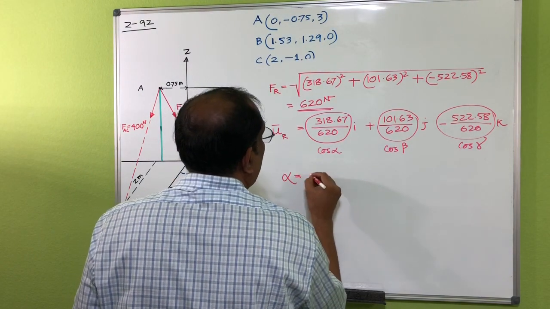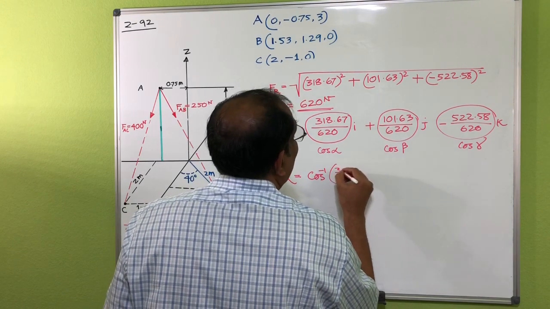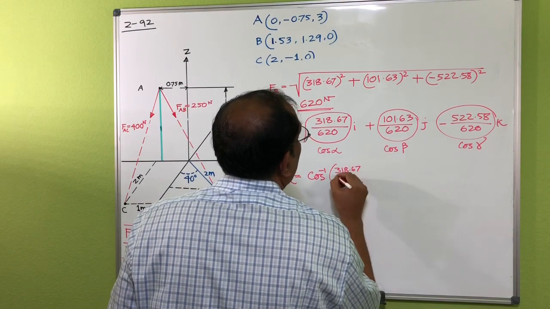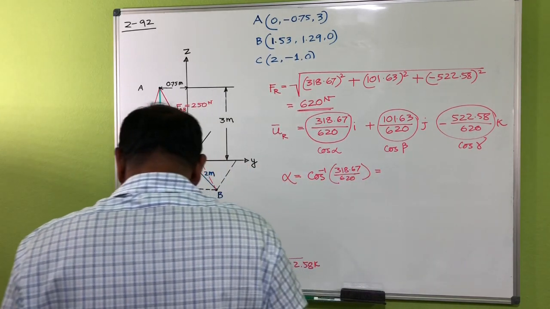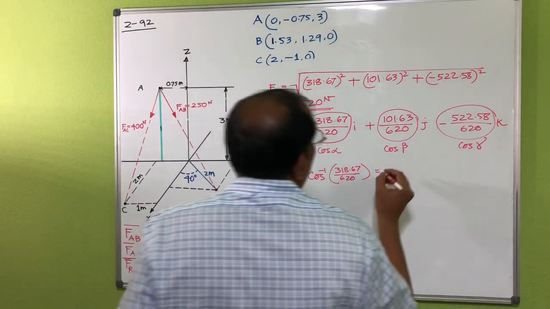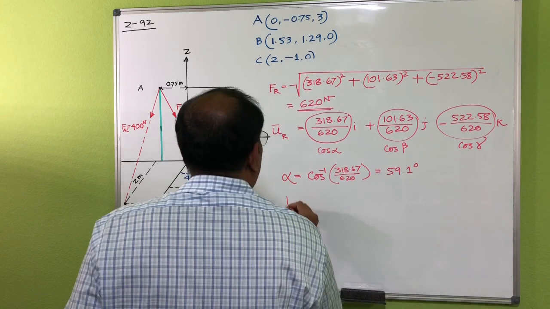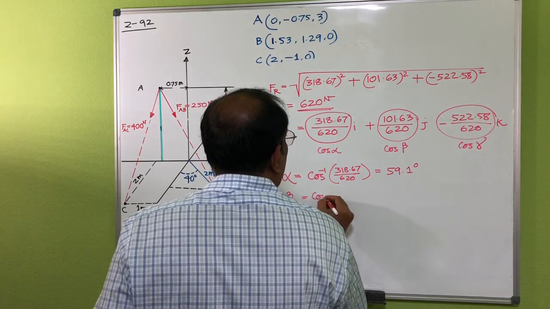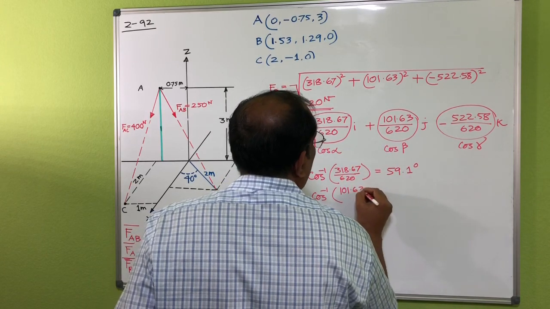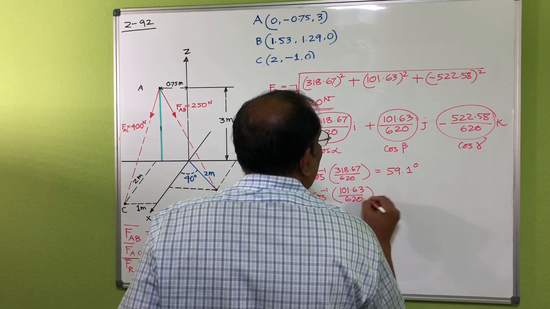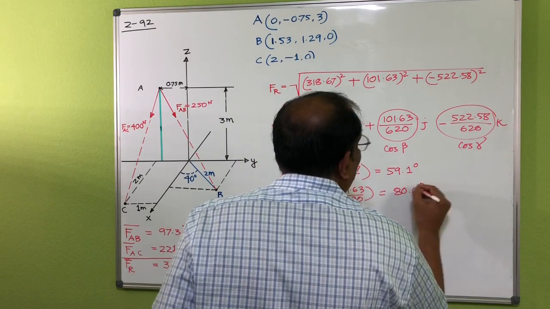So what would be your alpha? Alpha would be cosine inverse 318.67 divided by 620. That's basically 59.1 degree. Beta equal to cosine inverse of this one, 101.63 divided by 620. That's basically 80.6 degree.